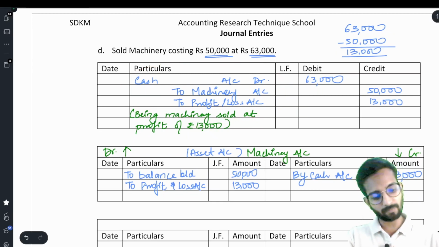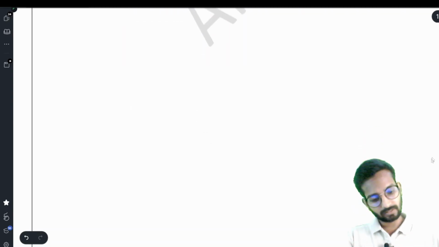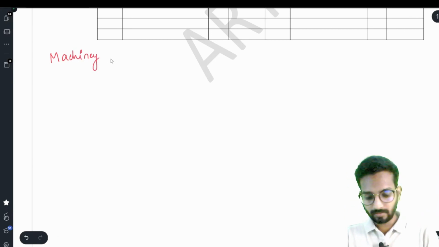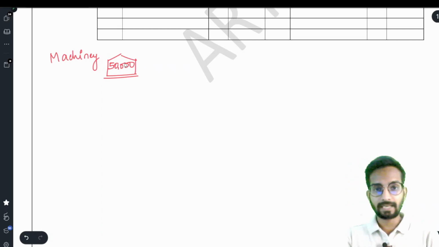See what is actually happening. Understand it. There is actually a machine of 50,000 rupees. Now, this machine's worth is 50,000. Now, the company went to the market, they wanted to make a sale.